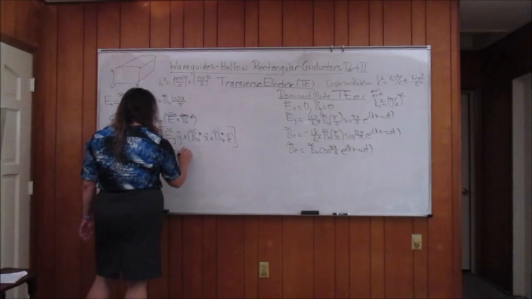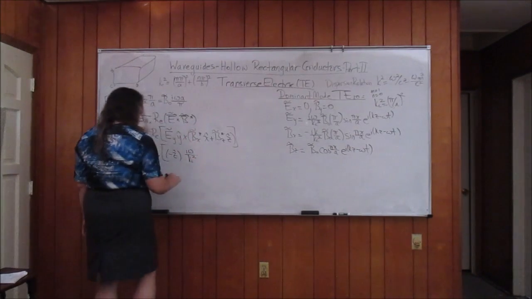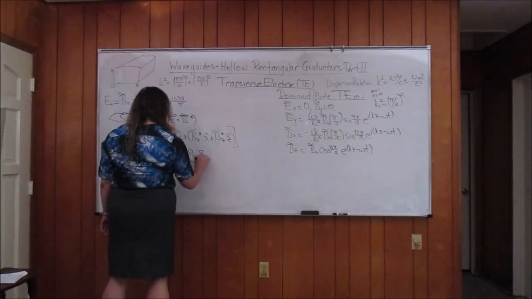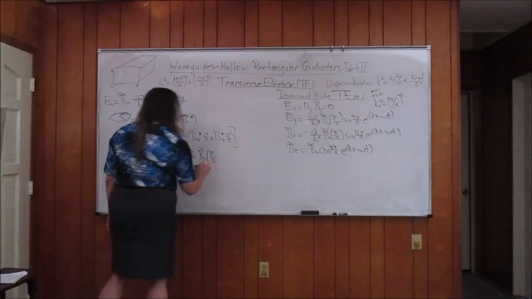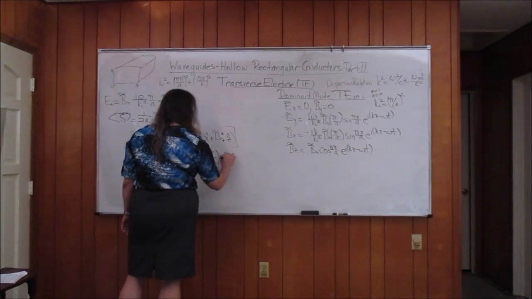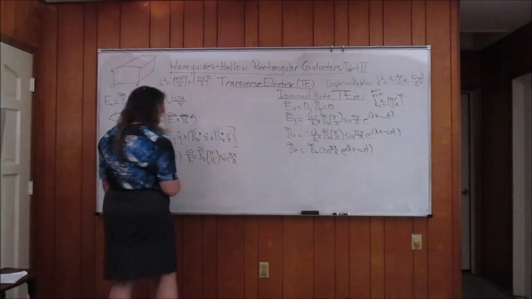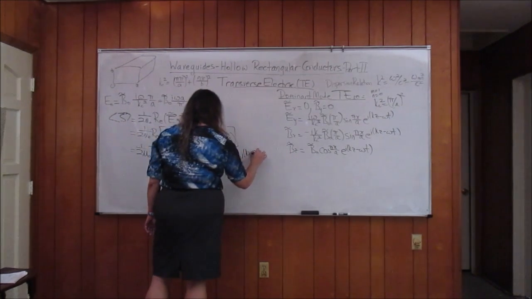And we'll have i omega over kc squared, b naught, pi over a, sine pi x over a, e to the i (kz minus omega t).